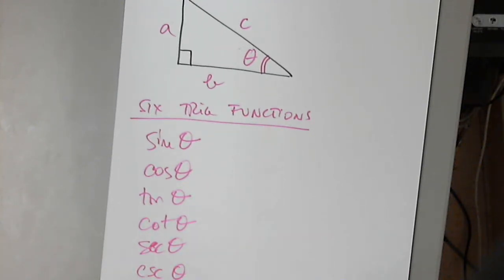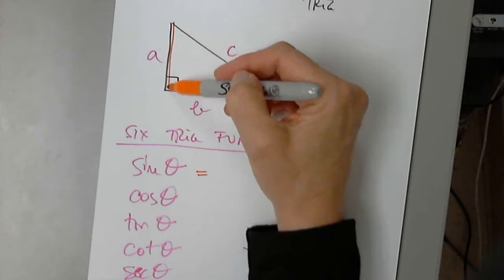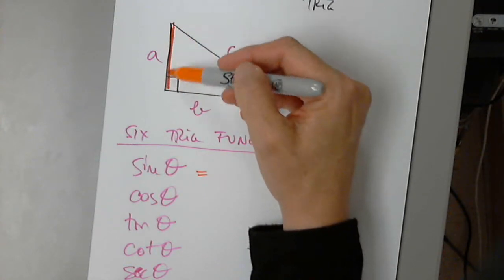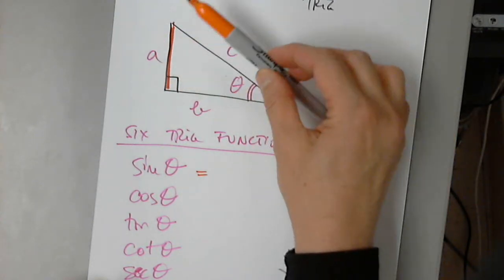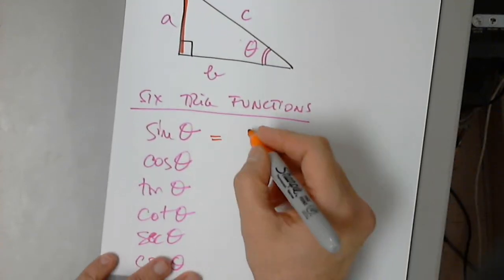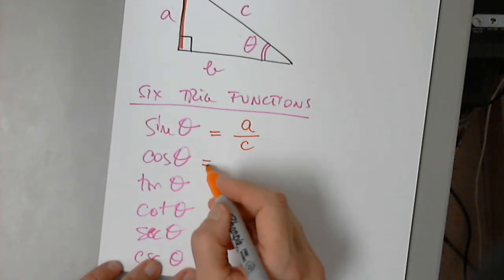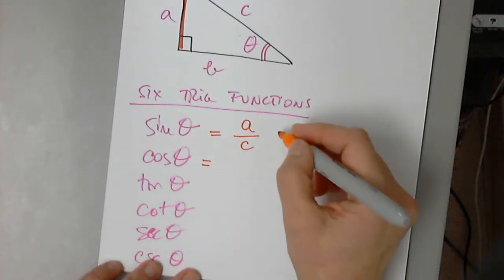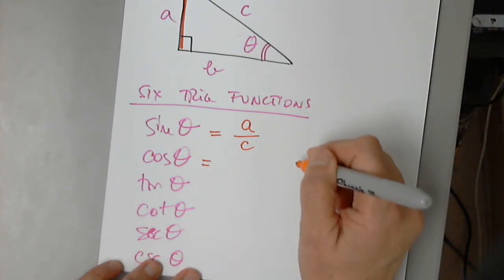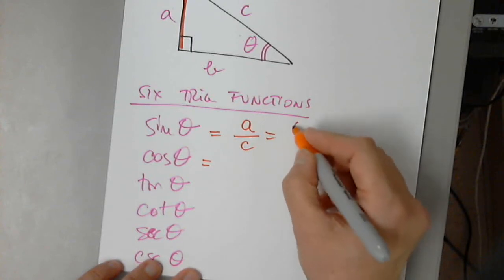Okay, by definition, sine is the opposite leg, opposite to theta, over the hypotenuse. So this is A divided by C. By definition, cosine, do you want me to write opposite over hypotenuse? Very good.